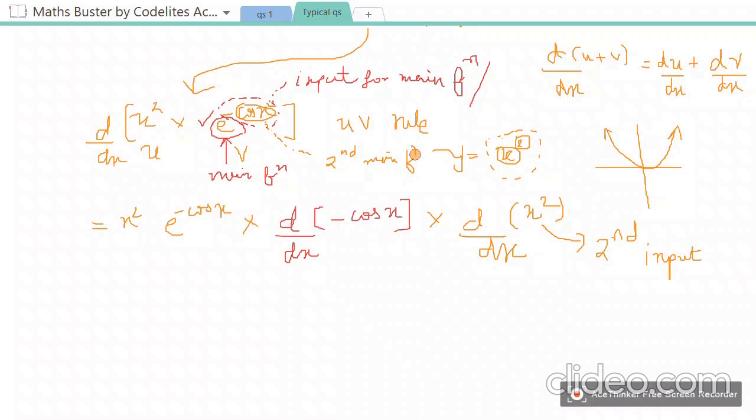Like this, we keep on applying the chain rule till we get d by dx of x, and we know the differentiation of x with respect to x is always 1. So you don't need to solve this by x raised to n. You can simply write d by dx of x is 1. I explained this for the case of cos of x square, but currently it is not there, so I am erasing this.